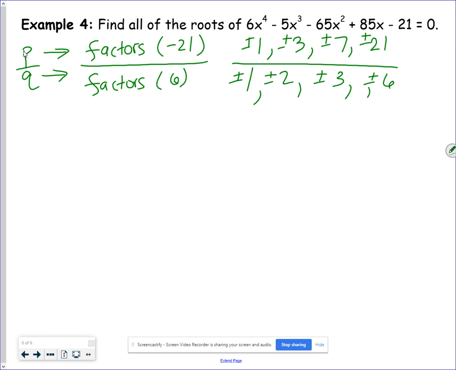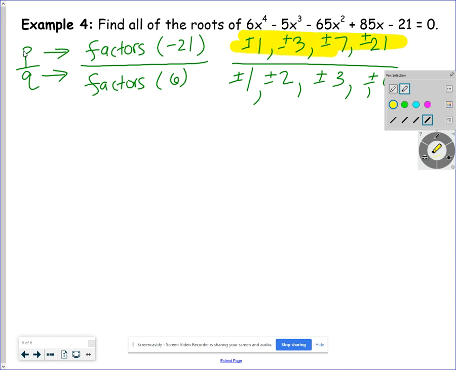Okay? So let's list this out. Again, here's what we're going to do. We're going to take all the numbers on top and then write each of those numbers over the bottom numbers and then reduce our fractions.